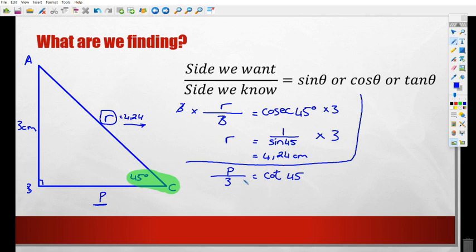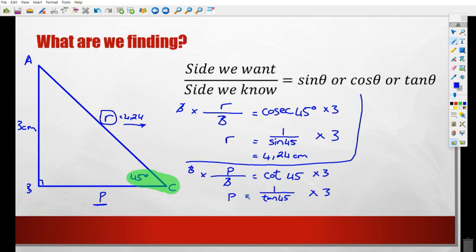Alright, so how am I going to get rid of the 3? I need to multiply by 3 on both sides. Boom, boom, gone. Multiply by 3 here. I've got a problem here. I don't have cot in my calculator, so what must I do? 1 over tan of 45. Okay, and I'm going to multiply outside of that fraction, multiply by 3.